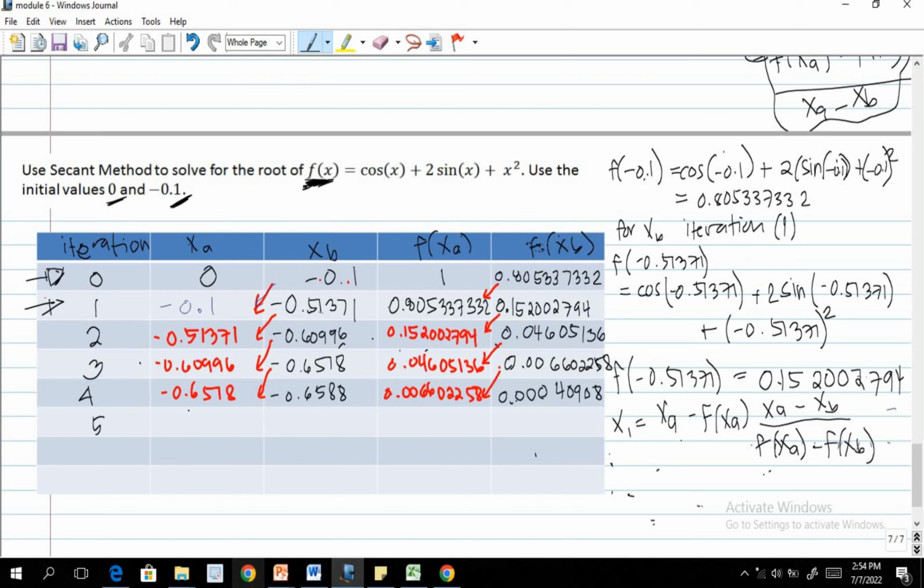So for iteration 5, again, ibababa ko lang yung mga pwede kong ibaba.